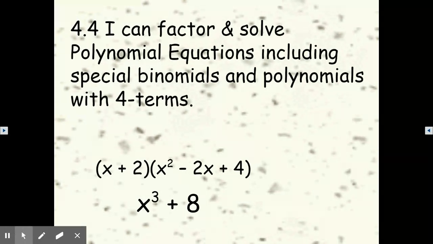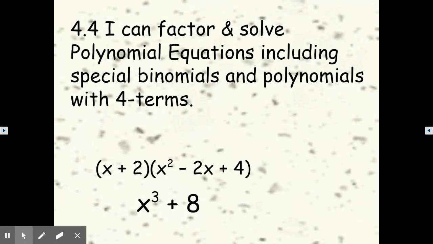If you did it correctly, your first term was x cubed, and your last term was 8, and everything in the middle added up to 0. Either you did it in a box or you did it with distribution, it doesn't matter. But the pattern here is that when you look at those middle terms, they add up to 0. If you didn't get that, then ask me about it tomorrow or today during asynchronous time.